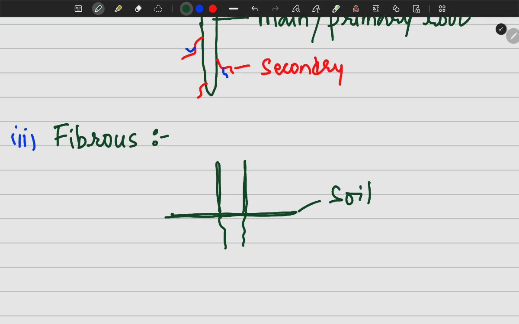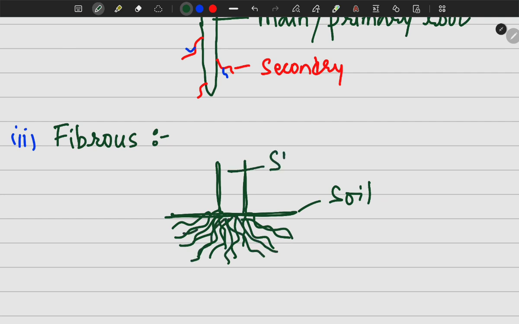And what happens when it dies? A large number of smaller roots arise from the base of the stem. And these roots are very fibrous. If you look at it, it looks like this. So if this is the stem, this is the base of the stem, and from the base of the stem, a large number of different roots arise.